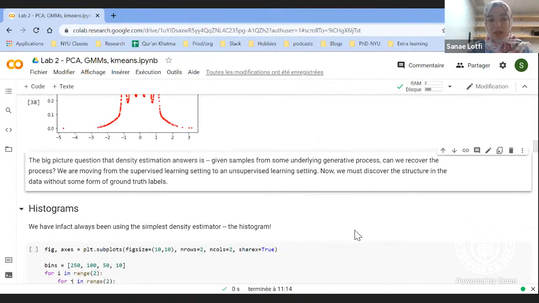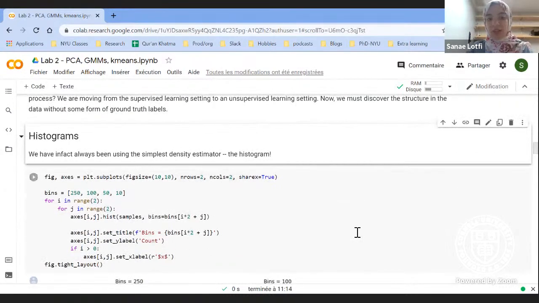So the big picture question that density estimation answers is, given samples from some underlying generative process, can we recover the process itself? And here we are moving from a supervised learning setting to an unsupervised learning setting, because we're trying to learn the density itself rather than trying to learn a relationship between X and Y.